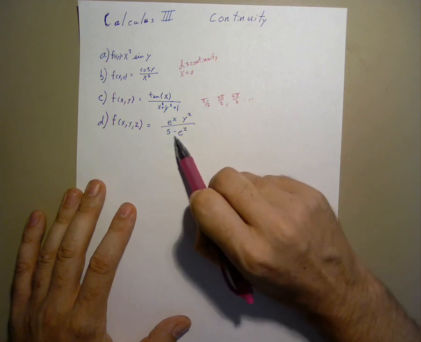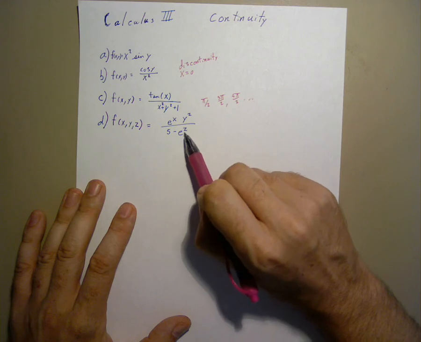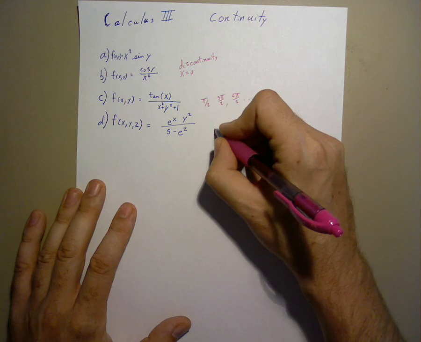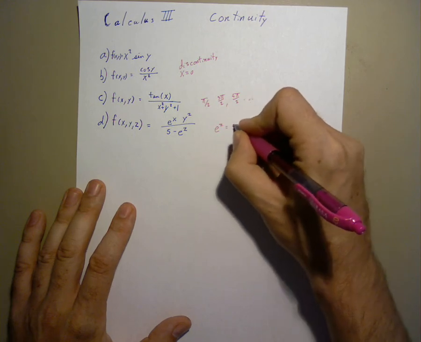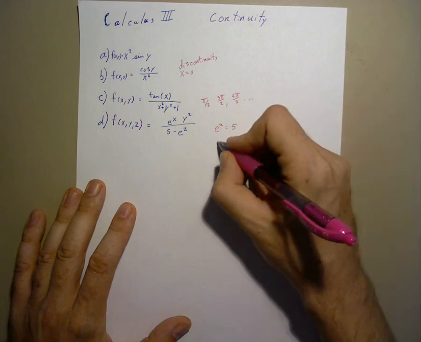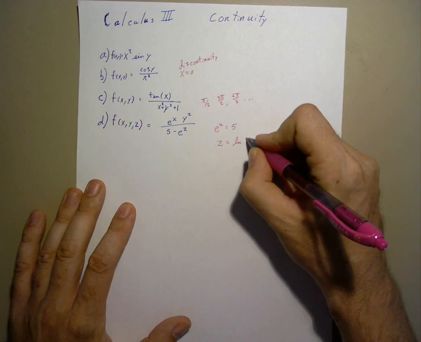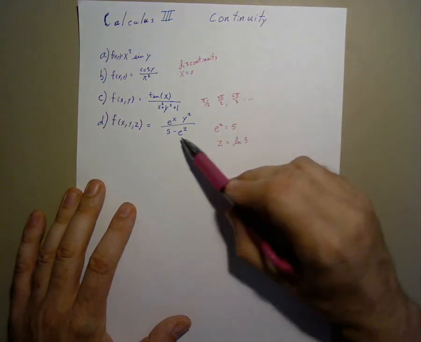The denominator, however, gives us trouble because 5 minus e to the z is not defined when e to the z equals 5. Or in other words, z equals natural log of 5. This is the discontinuity for this function.